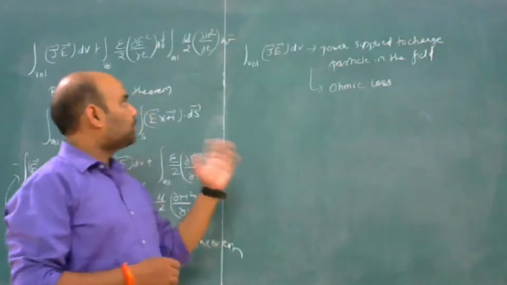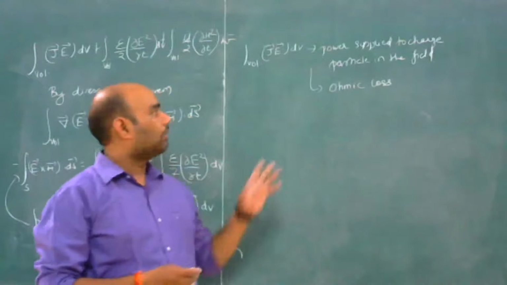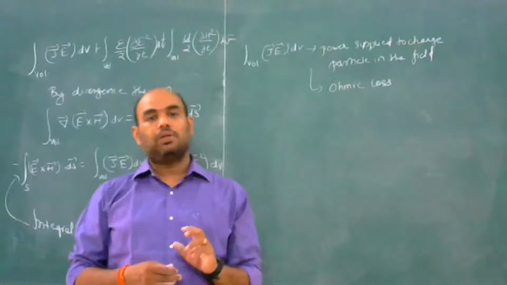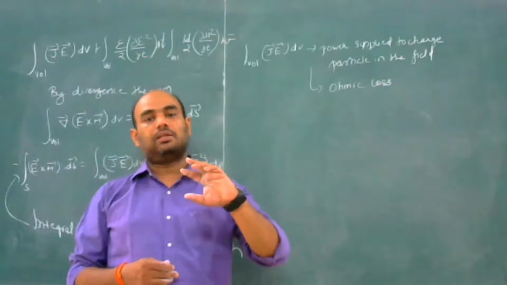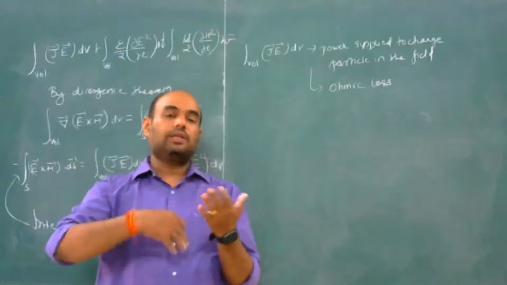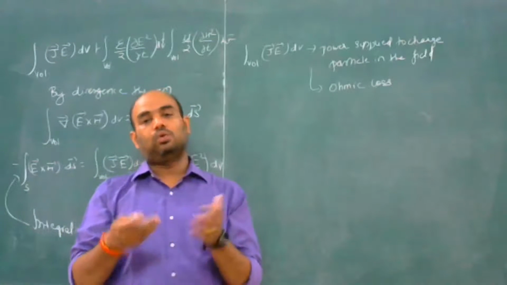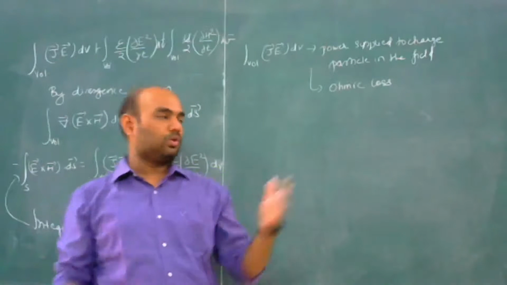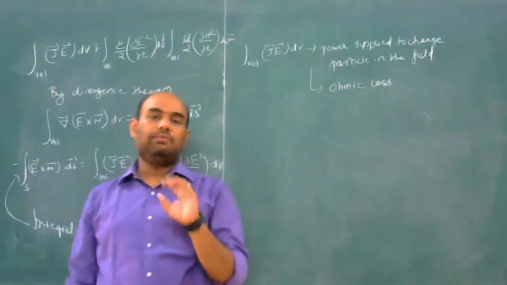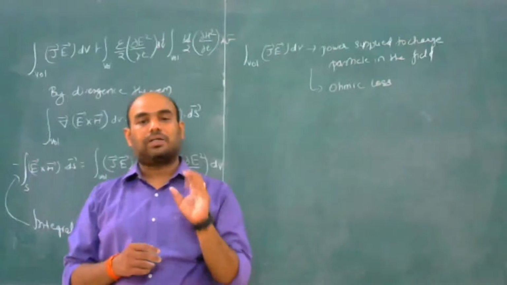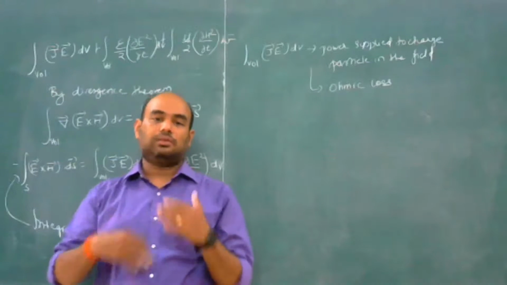Apart from this, it also gives the power when a motor moves or a generator generates energy, when electrical energy is converted to mechanical energy and mechanical energy is converted back to electrical energy. So it can also account for this volume integral of J dot E. When we give electrical energy, it imparts torque to the motor and gives mechanical energy, and the rotor starts moving.